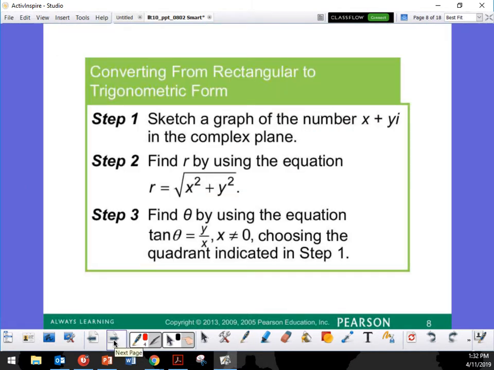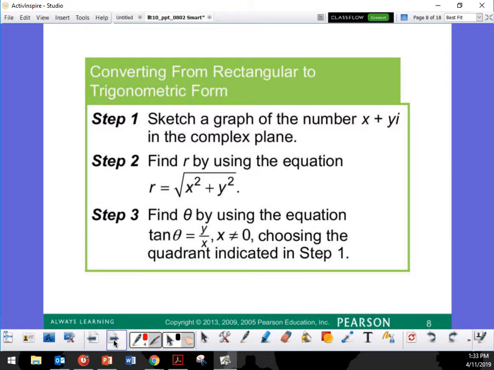Sketch a graph of the number x plus yi in the complex plane. Find r by using the equation. Find theta by using the inverse tangent, choosing the quadrant in step 1. All right. I even told you what it was. How do we find theta? Whenever you're trying to find the angle, you use the inverse.